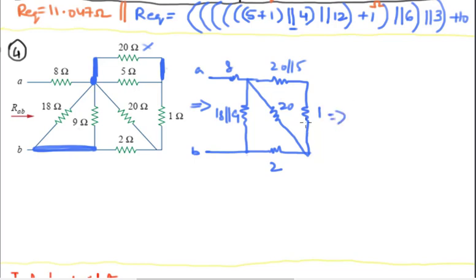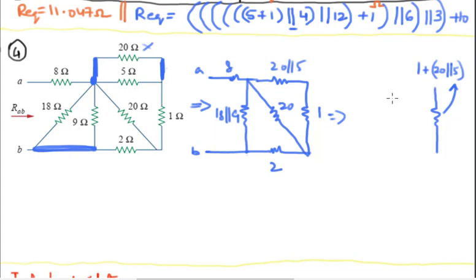Step number two is simple again. This 1 ohm and 20 parallel 5 are in series. So instead of both the two resistors, there is just going to be one resistor on the right hand side, and its value is going to be 20 parallel 5, whatever that value, plus 1.